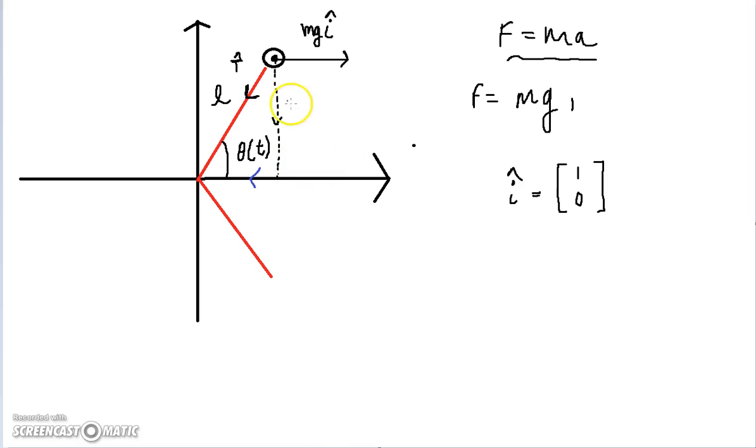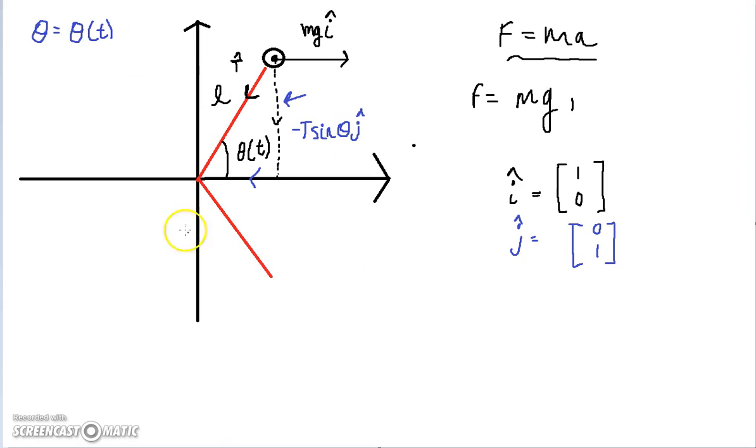Now, what is this force? I'll tell you. It's negative T sine theta. From now on, I'm just going to be using theta to mean theta of t, because it's going to take way too long to write theta of t. So negative T sine theta j hat. j hat is simply the unit vector that points due north.